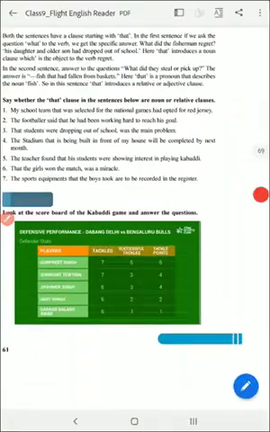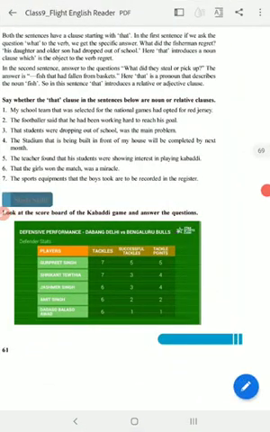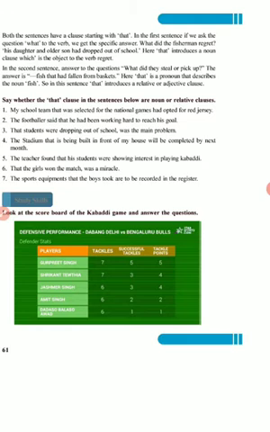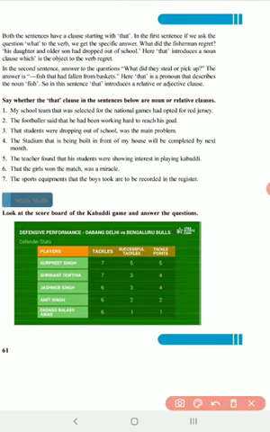Now we'll go back to the book and see some of the examples that are given. Here you see, say whether the that clauses in the sentences below are noun or relative clauses. I will do everything, then you are supposed to write 5 sentences for relative clause and 5 for noun clause. Listen well.